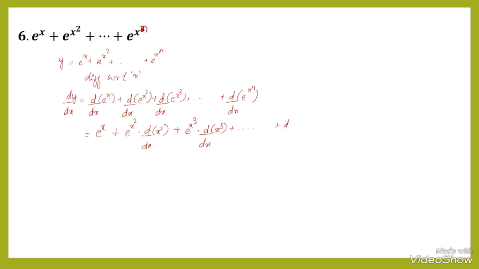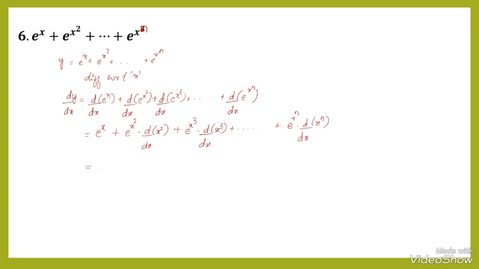Here, differentiation of e to the power xn will be e to the power xn, because in place of x we have xn. That's why I'm taking differentiation of x to the power n.